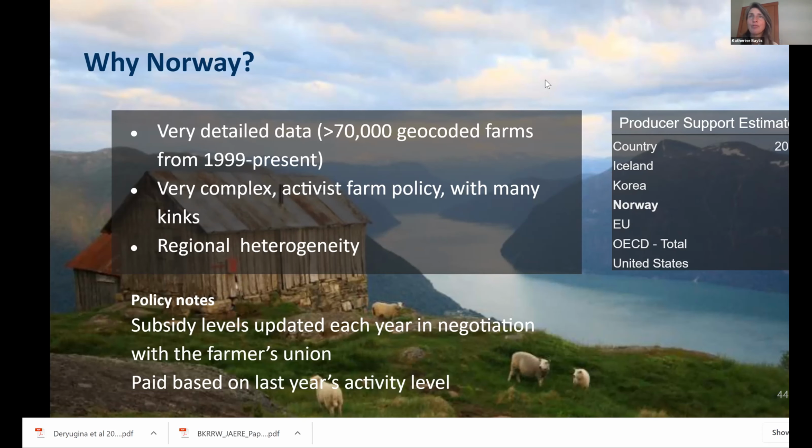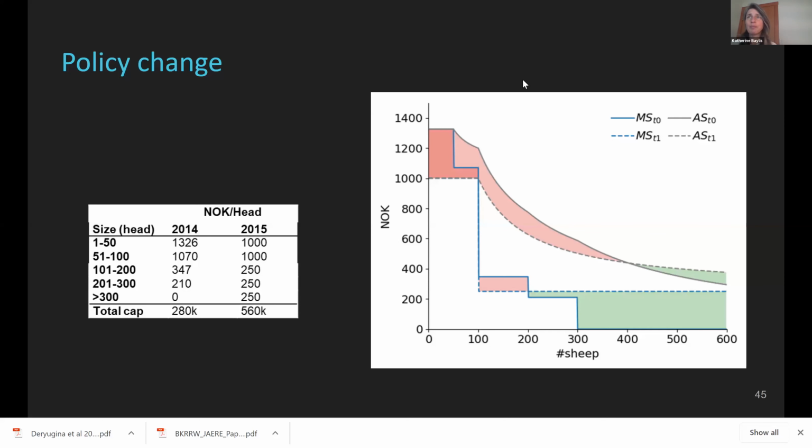Okay, so we're going to be modeling out a specific change that happened in the policy between 2014 and 2015. Basically they were changing the subsidies per head to have larger lumps.